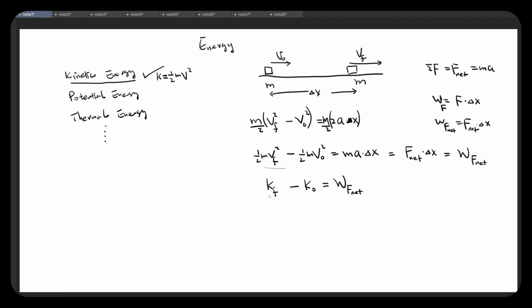Okay, so the change of the kinetic energy of a system equals the net work done on the object. So that's one of the theorems we're also going to talk about in this video. But that actually inspired us to define such a quantity, 1/2 mv squared, as a form of energy called the kinetic energy of the system. And you can see it actually comes from the 1D kinematics combined with Newton's second law.